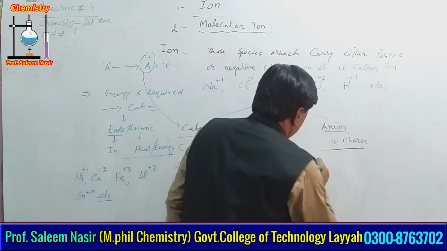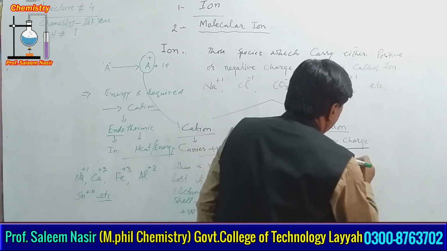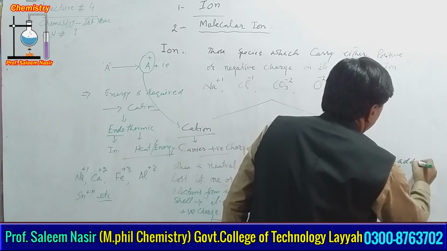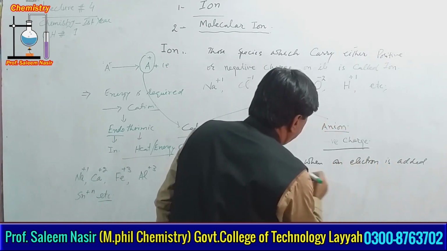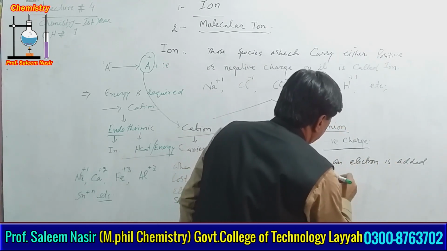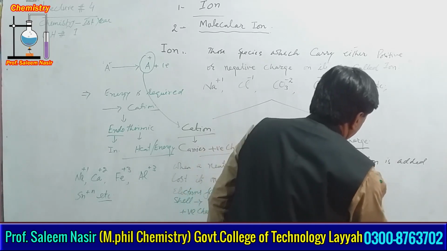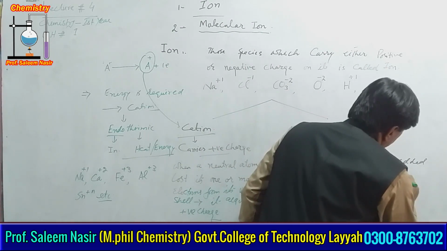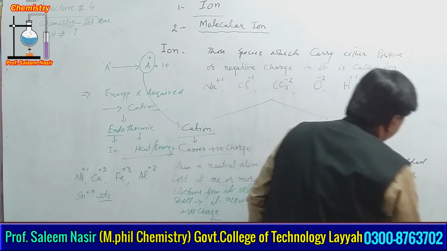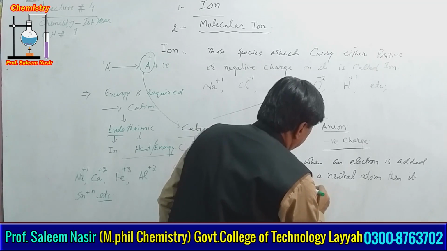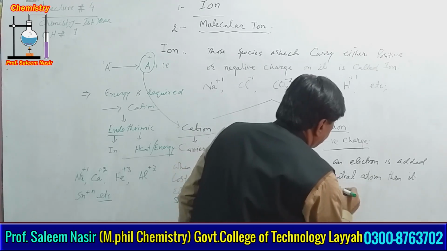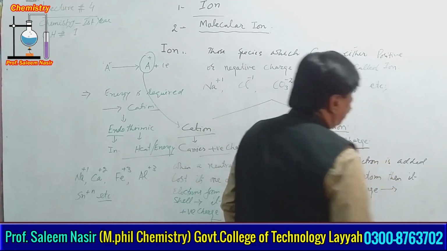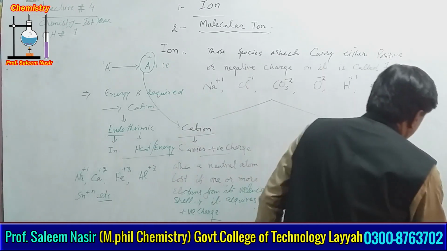When an electron is added to a neutral atom, then it acquires negative charge, and that negatively charged particle is called the anion.